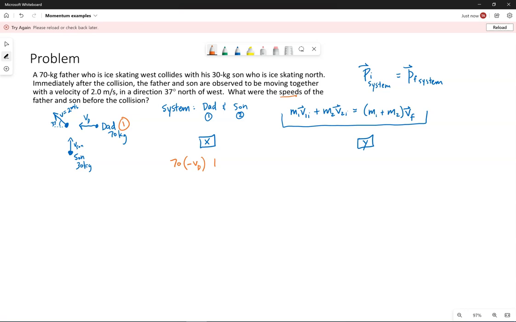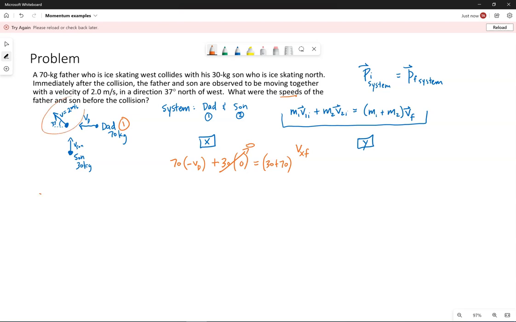The son has a mass of 30, but he has no x component of motion. And so we end up with 0 for the M2 V2 initial portion of our equation. That needs to equal their combined mass times specifically the Vx final, the x component of the velocity.